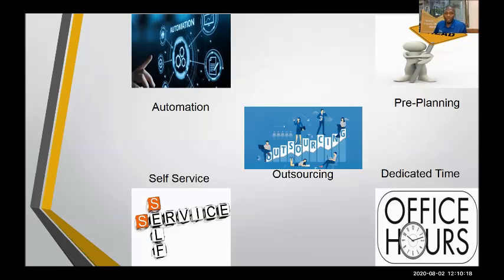So the first tip that I want to discuss is automation, right? Automation is a buzzword that's used nowadays in almost every area of life and almost every area of business. And so from a property management perspective, right, what you really want to do is you want to have a system, preferably a property management software or some type of system like that, that can automate the reporting to your owners, right?